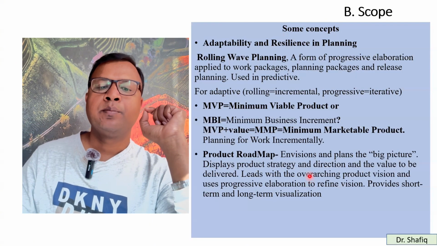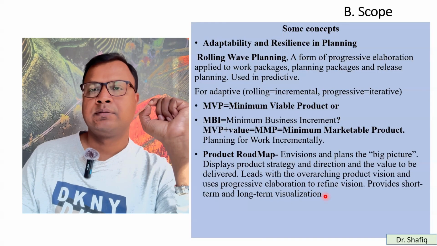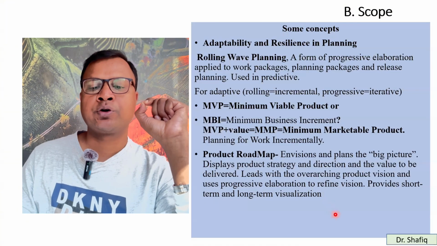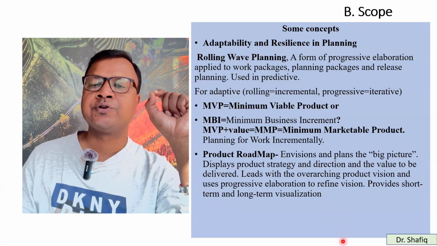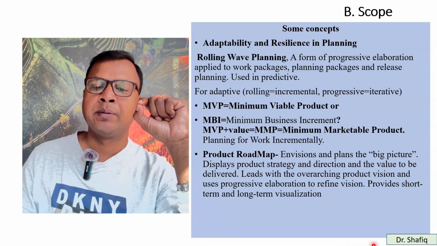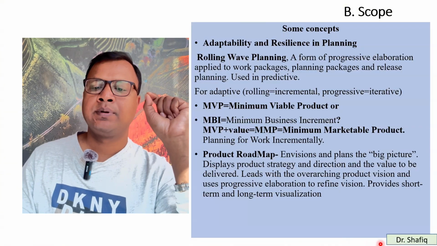And actually, product roadmap is led by the overarching product vision and uses progressive elaboration to refine the vision. So whatever the vision of the project or product, you are adding to it one by one. You have a plan, a roadmap.